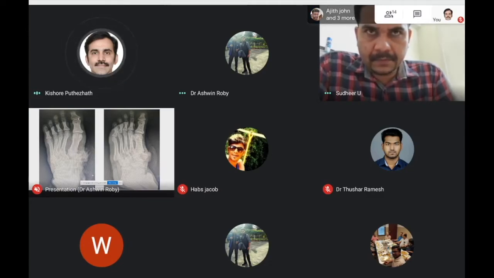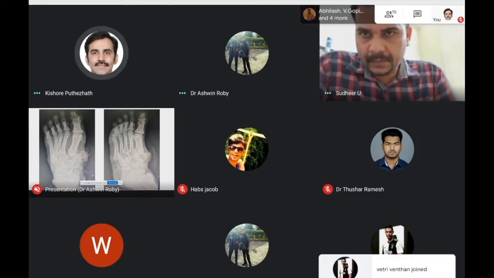So the arch will be collapsed and the toes will be pointing laterally, and that is called forefoot abduction. So the second thing is the arthritis. These are the two reasons why you want to treat Lisfranc injury.